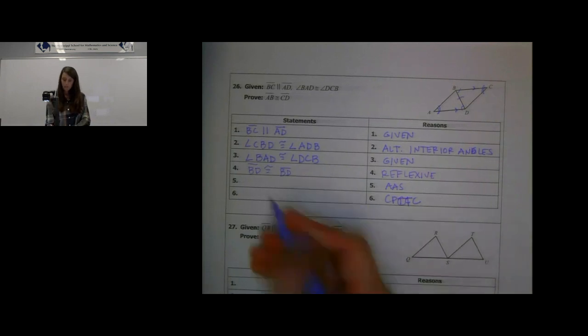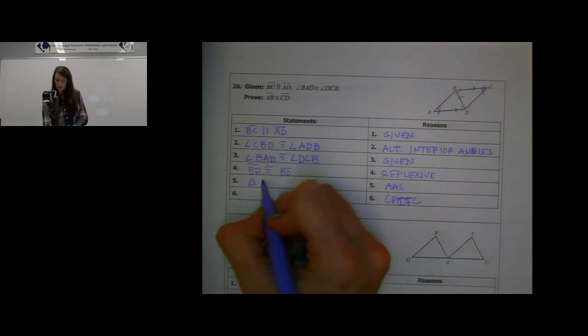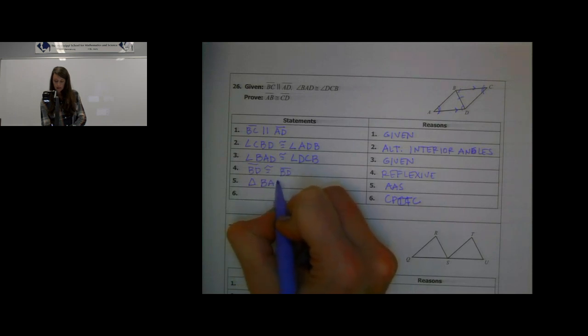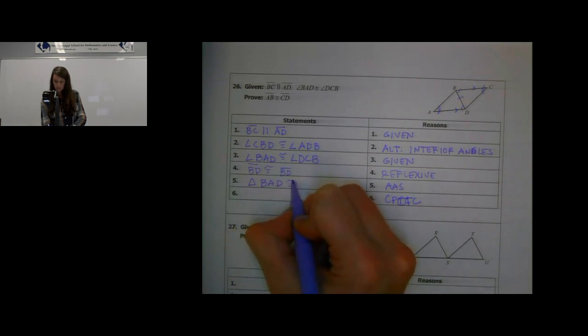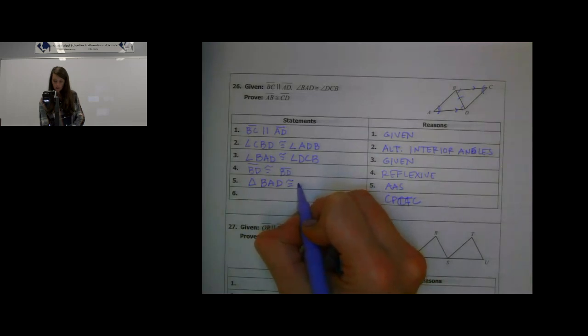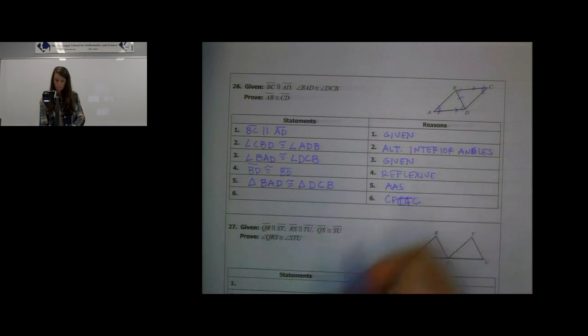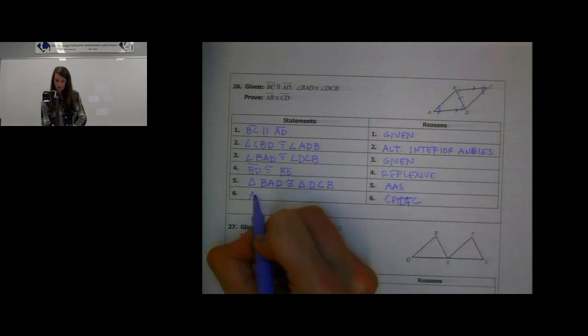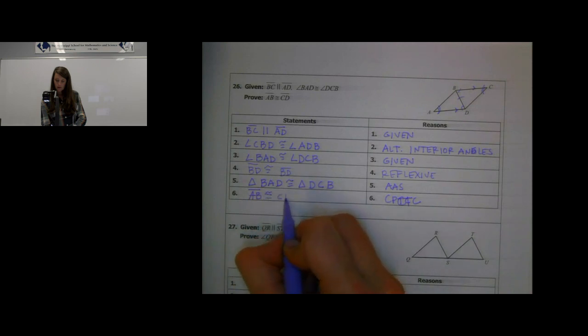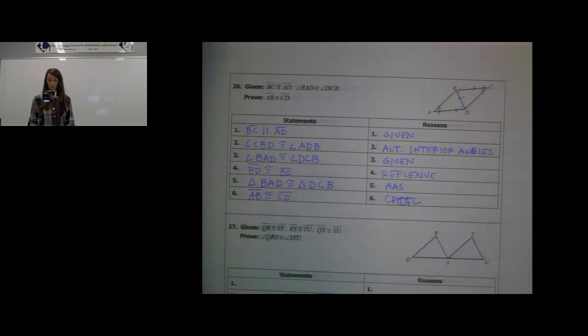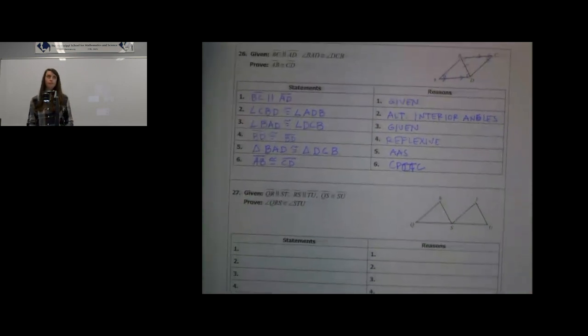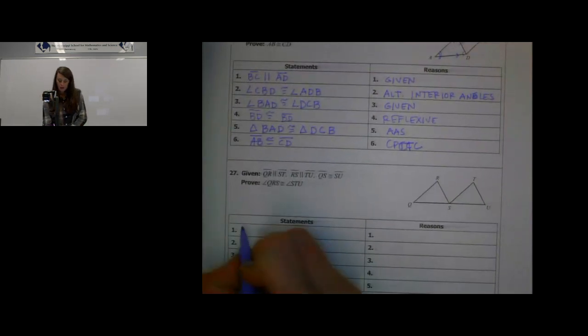So triangle BAD is going to be congruent to triangle DCB, and so the side AB is going to be congruent to the side CD.